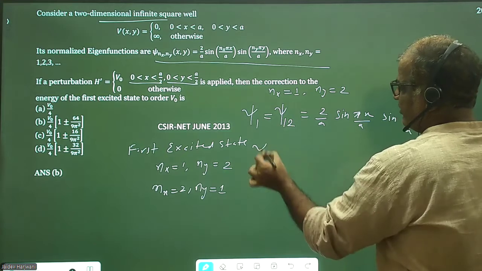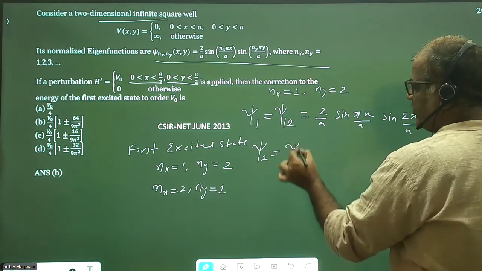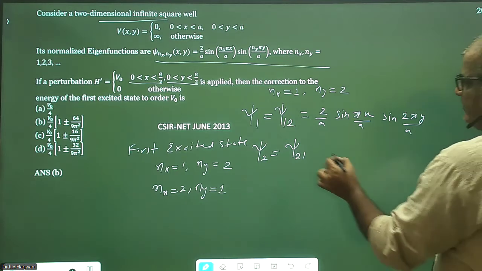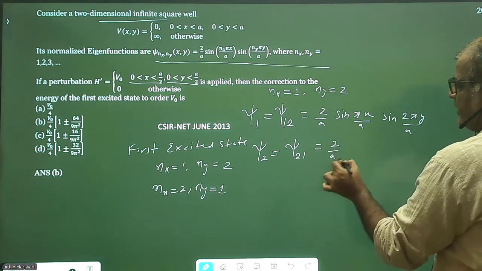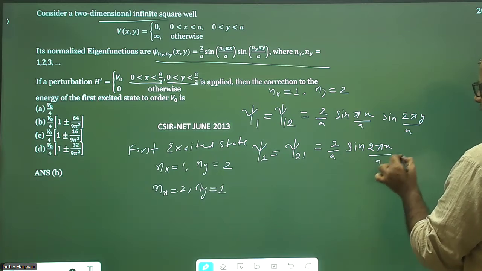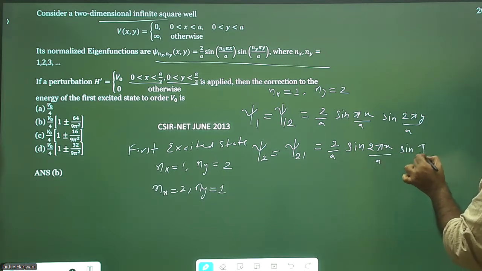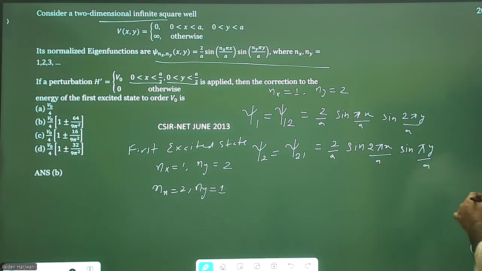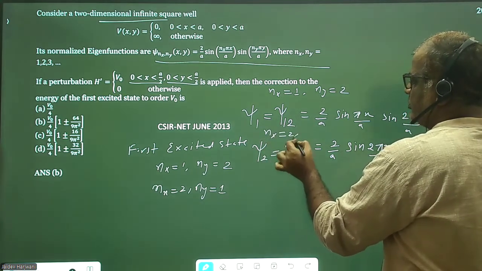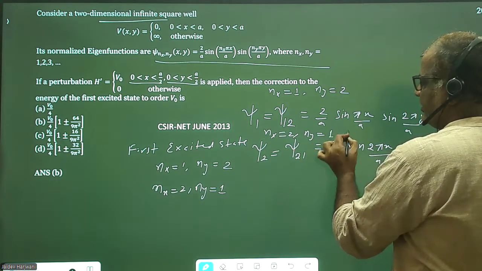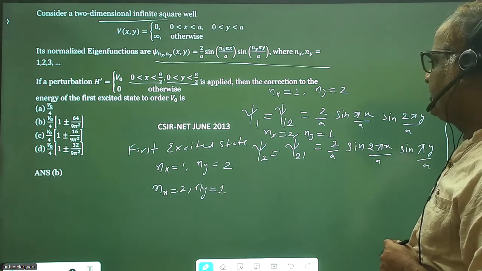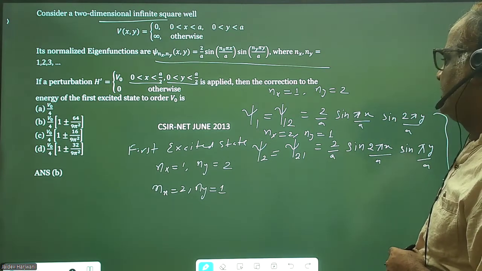And the second function psi21 will be 2 by a sine 2 pi x upon a and sine pi y upon a. This is for nx 2 and ny 1. So we have these two wave functions, and now we need to calculate the perturbation.